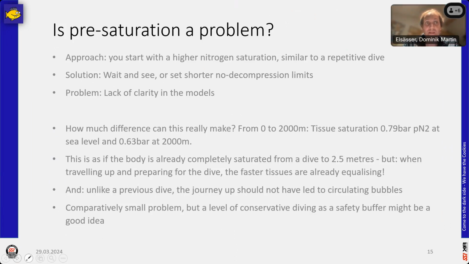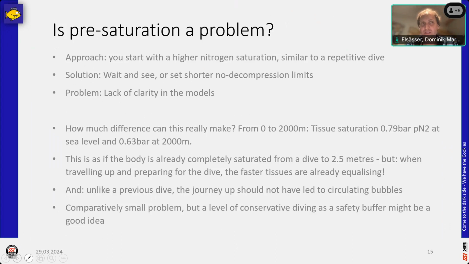So the solutions are basically this: either wait until we are convinced that we have, for all intents and purposes, reached equilibrium, or set shorter no decompression limits to pad the margin of safety a bit. That's actually very hard to do quantitatively in a model.